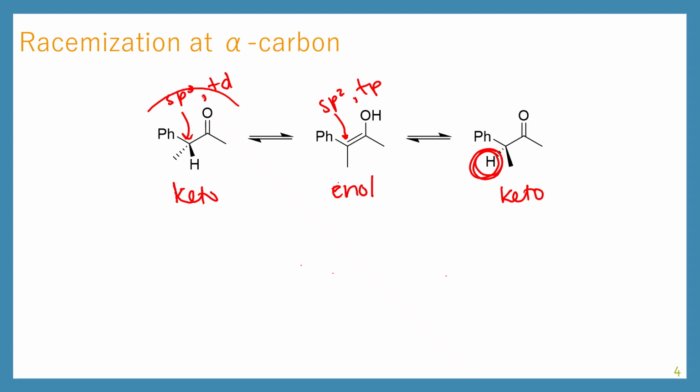We have millions, billions, trillions of molecules, depending on how big your sample is. And if they are constantly undergoing this process of racemization, they are not going to come out the same every single time, and you will eventually end up with a 50-50 mixture.